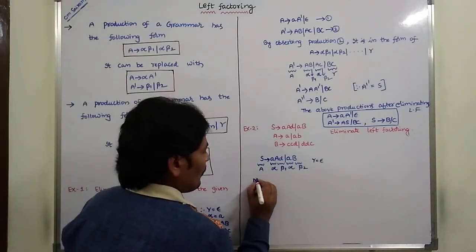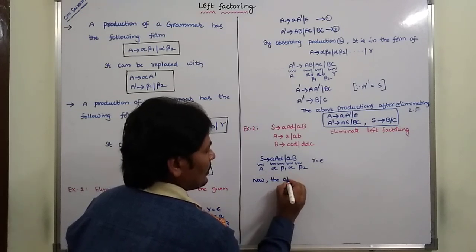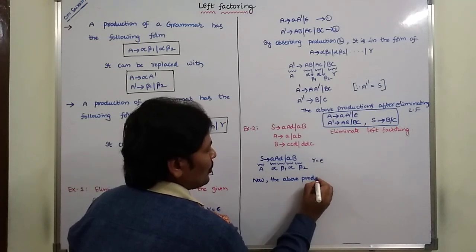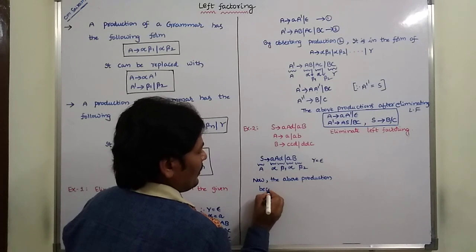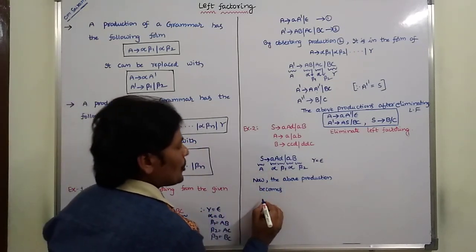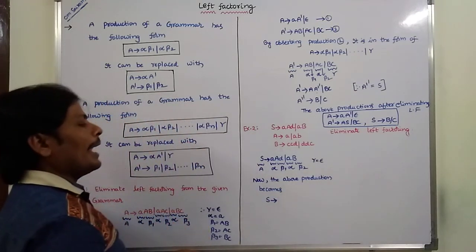Now the above production becomes S tends to alpha A dash.